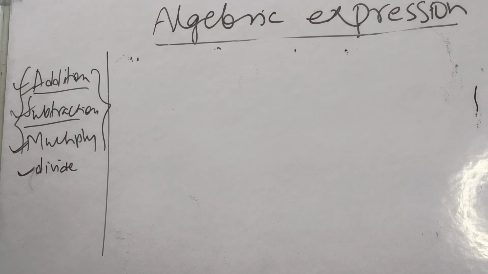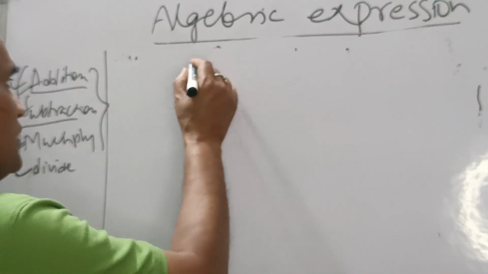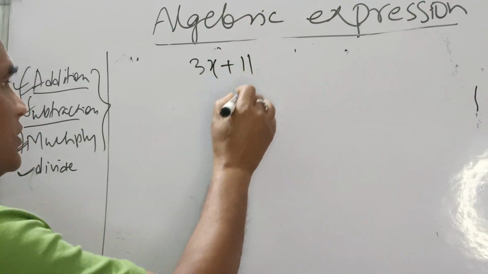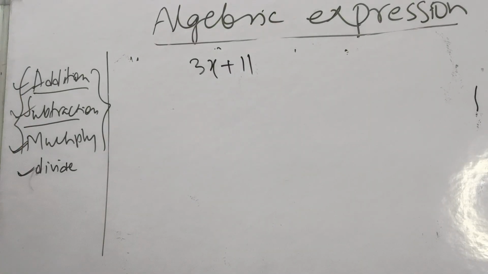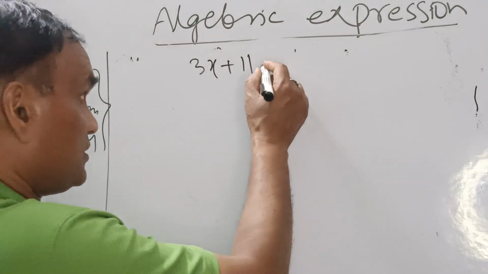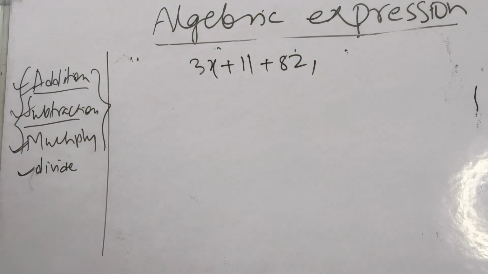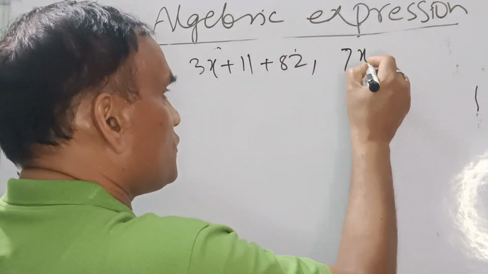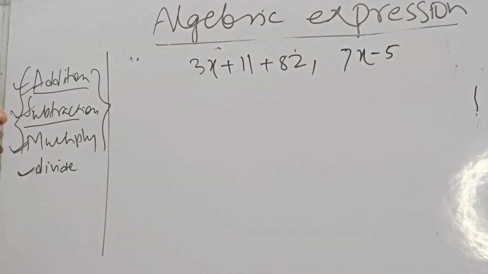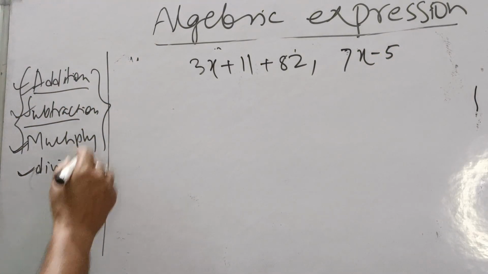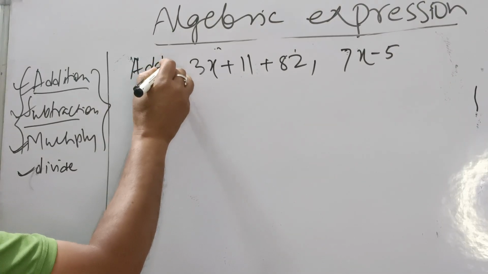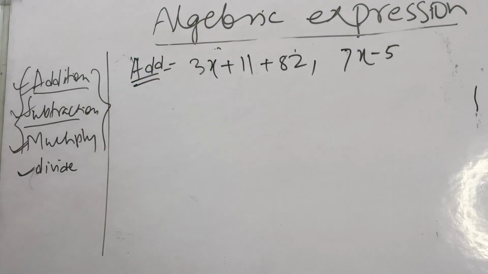Suppose 3x plus 11 plus 8z, and 7x minus 5. So we have taken this example for the addition part. The question is to add these. This is to be added, right?